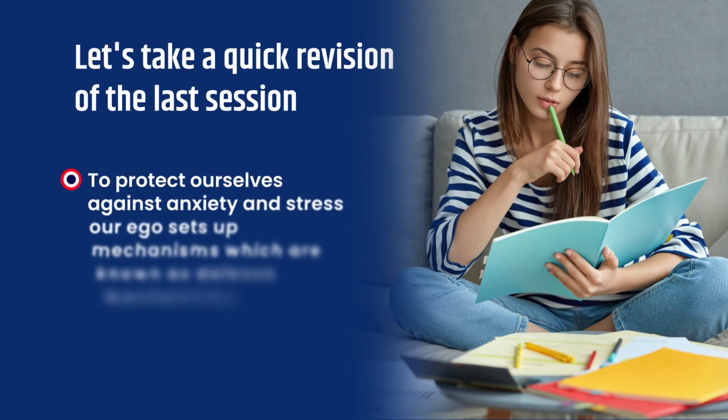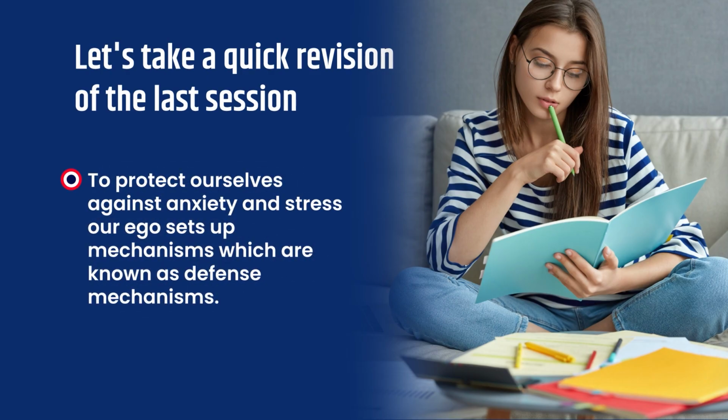Let us take a quick revision of the last session. In the last session, we discussed the concept of defense mechanisms and some different types of defense mechanisms and concluded that to protect ourselves against anxiety and stress, our ego sets up mechanisms which are known as defense mechanisms.